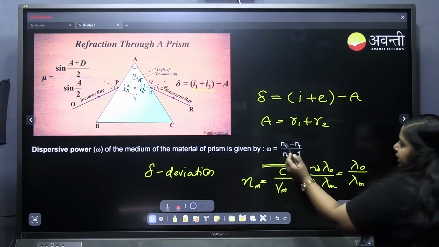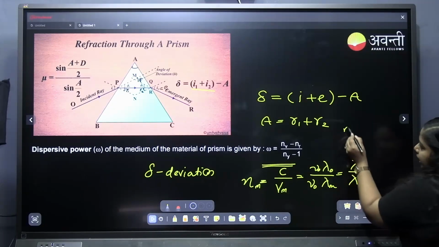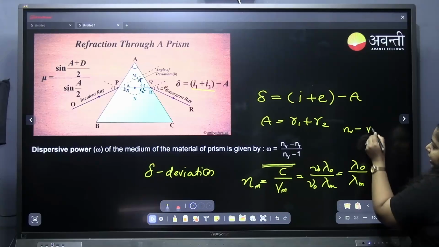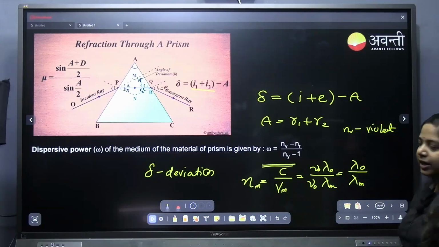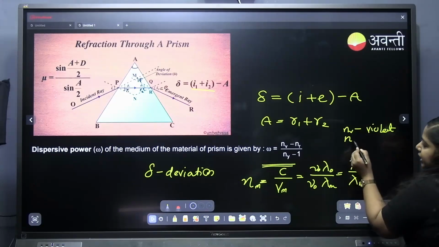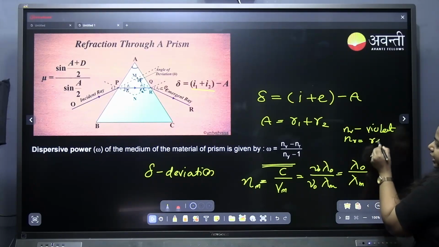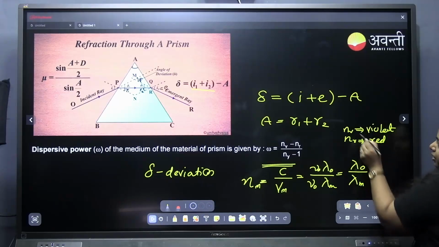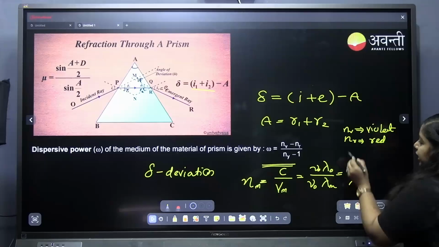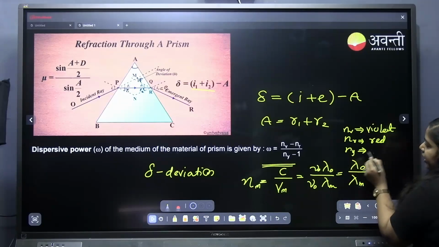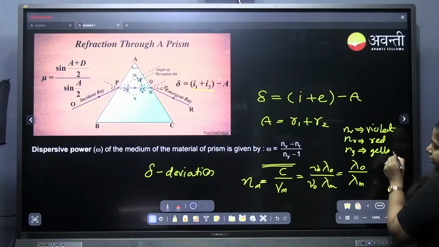So we can say that NV is for violet light, the refractive index for violet light. NR is for red light, the refractive index for red light. NY is for yellow.